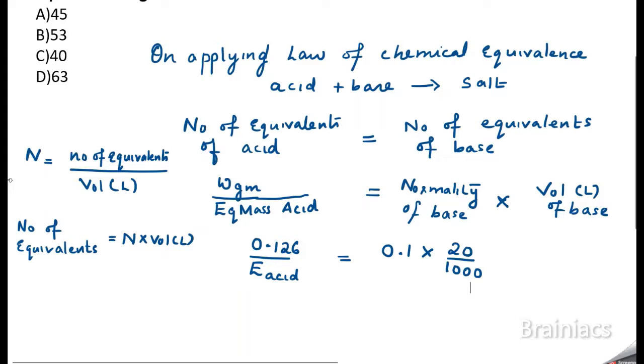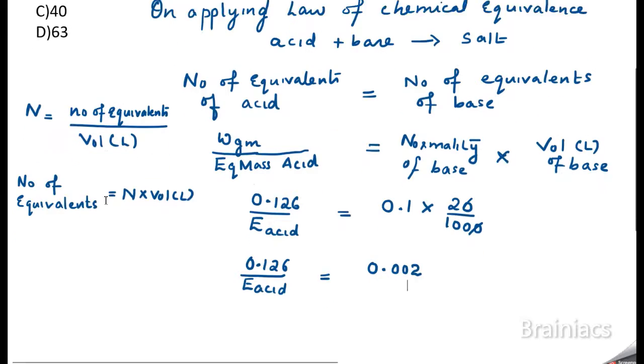Okay. Now from this, how can I find the equivalent weight of the acid? 0.126 by E acid is equal to how much? This will become 20, this 0 and 0 will cancel, correct? 1 by 10, so it becomes 2 by 1000 again. So I can write 0.002. Now tell me what is the equivalent weight of the acid.